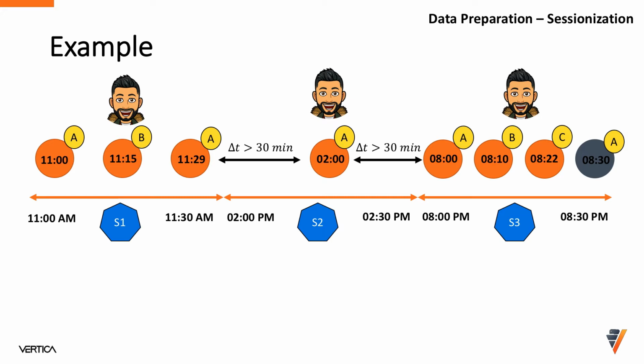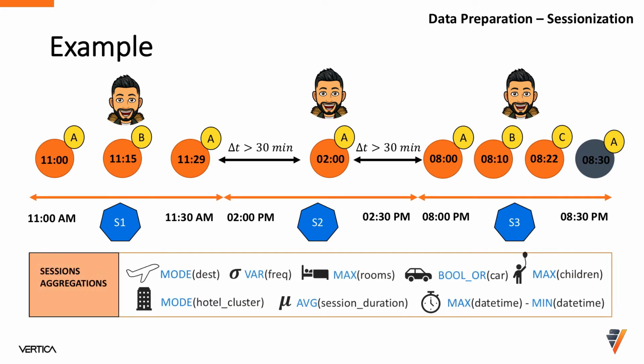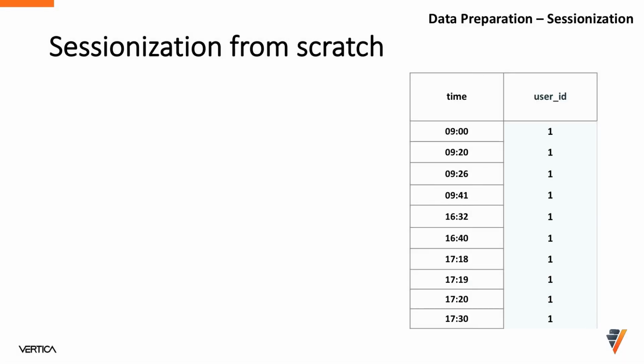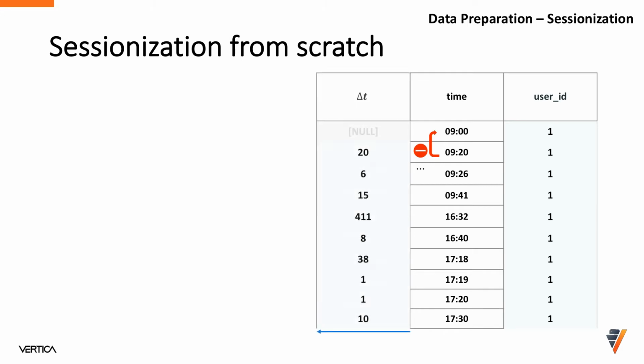We can easily understand the importance of cutting user interactions into sessions. This way, we might be able to drive the user to an optimal offer. Building sessions might be challenging and it requires many steps. Let's consider the following dataset where for each user ID, we have the time of the interaction. We can compute delta t, which is the difference between the current time and the previous one, and get a series of numbers representing the number of minutes elapsed since the last interaction.